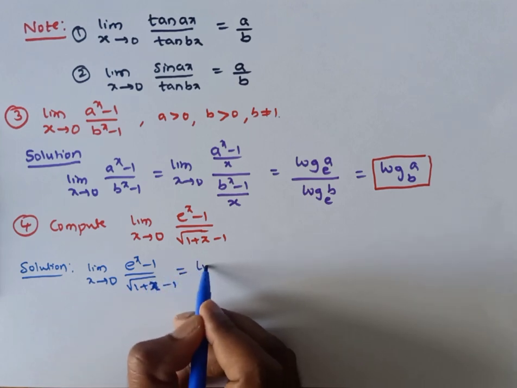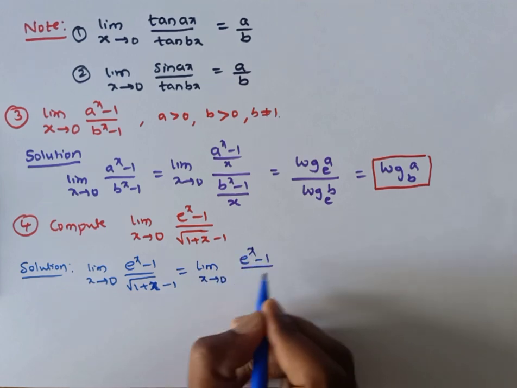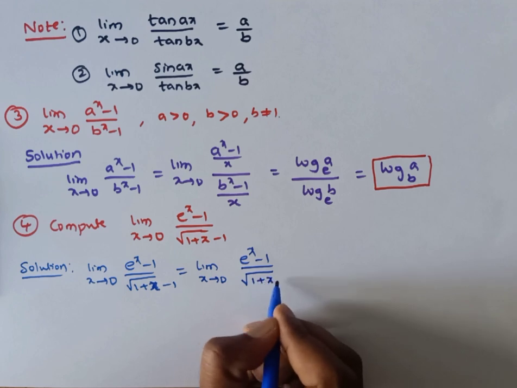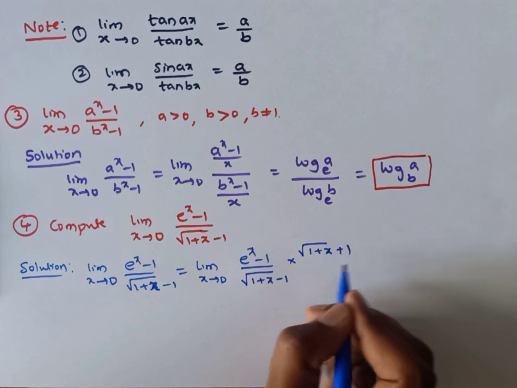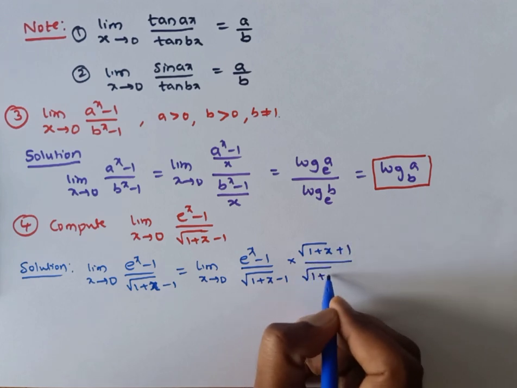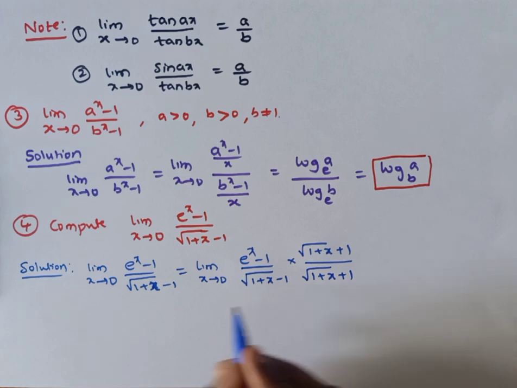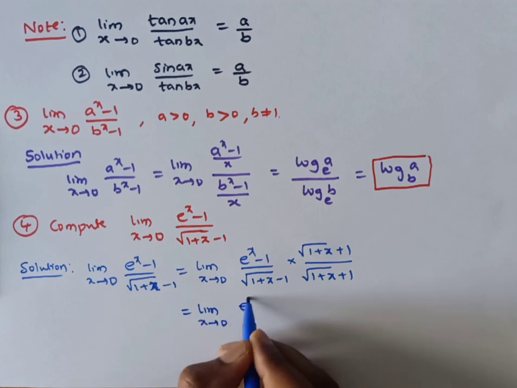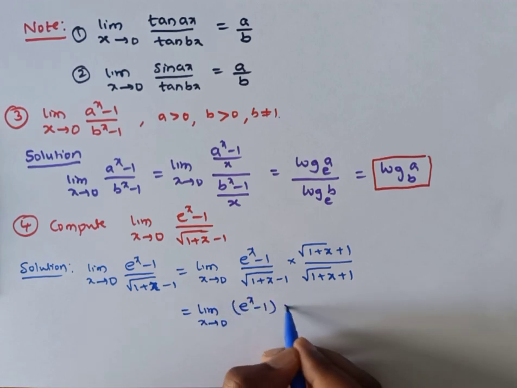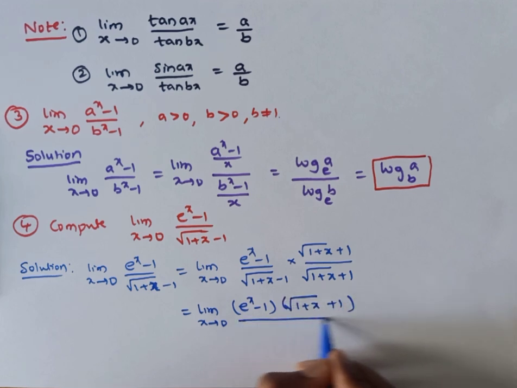Now this is limit x tends to 0 of (e to the power of x minus 1) divided by (square root of 1 plus x minus 1). So multiply and divide by the root of 1 plus x plus 1. Now this becomes limit x tends to 0 of (e to the power of x minus 1) into (root of 1 plus x plus 1), divided by, here it is in a minus b into a plus b form.